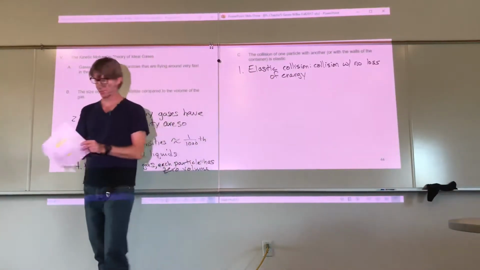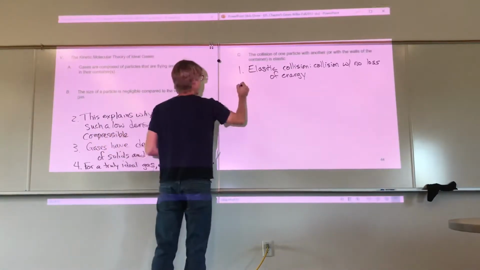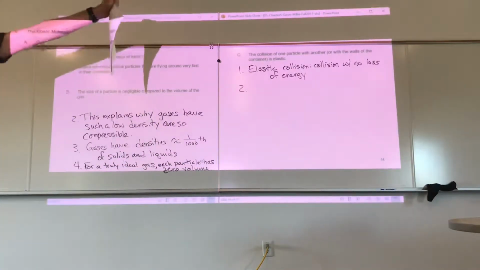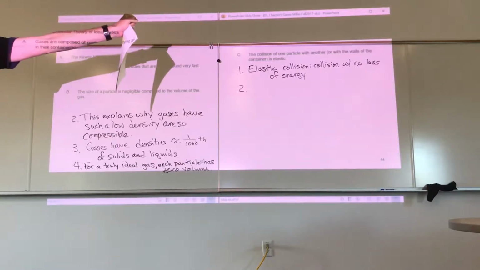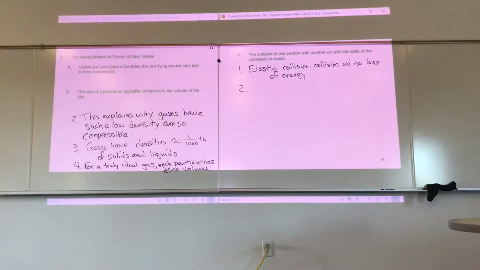So that's a definitional thing. And our picture, at least, of what's happening is these particles are coming together at hundreds of meters per second. That is today's demonstration, by the way.